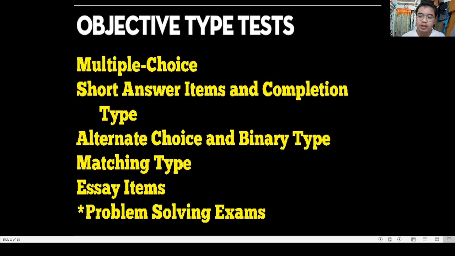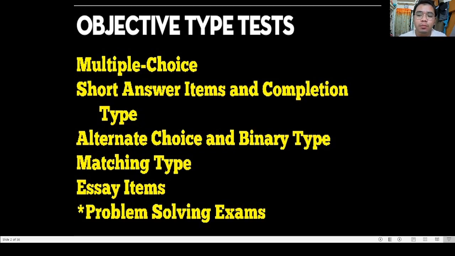Based on our schedule, the last week of May, the final exam should be administered so that we could pass your grades as early as June. Okay? So this is done so that we could cope up with our schedule in our class.